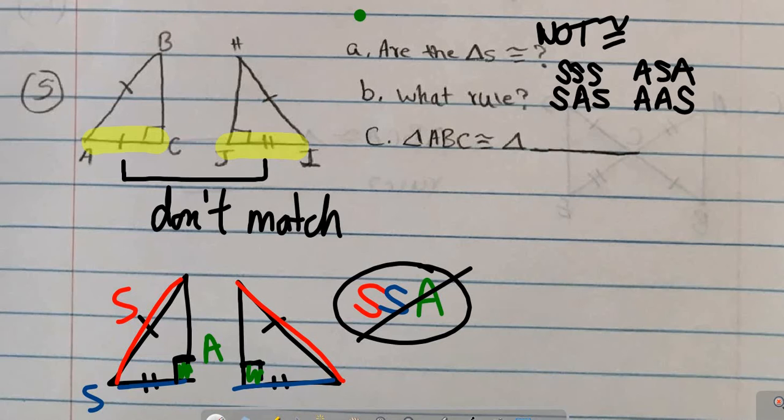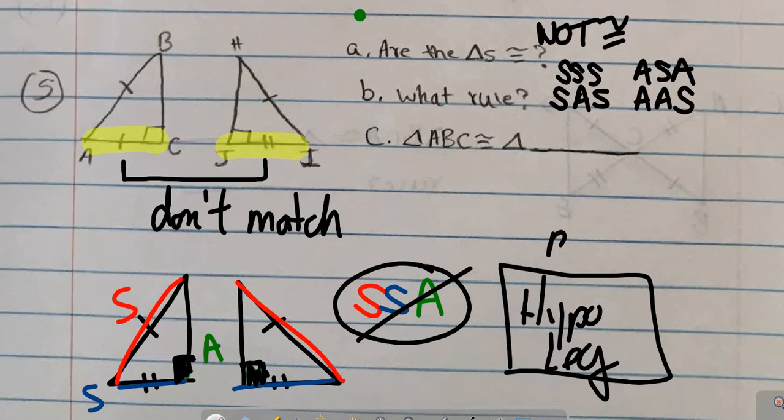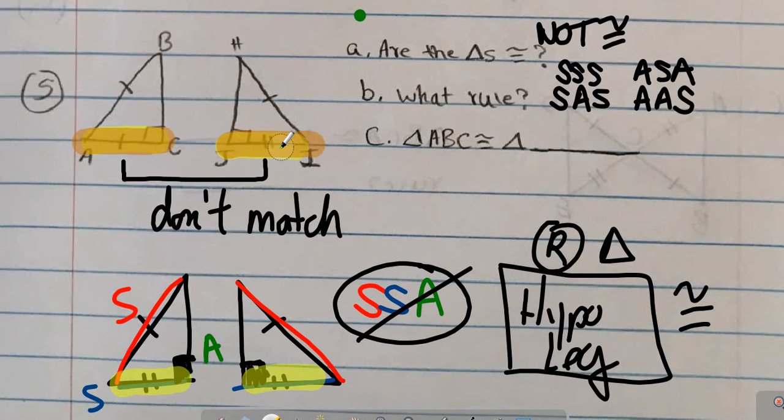If this angle is a right angle, we don't call this side-side-angle. We call this hypoleg. This only works for right triangles only. So hypoleg would make these congruent. But I'm not sure if your original diagram had 2 hatch marks here. If your original diagram really was 1 hatch mark here and double hatch mark there, then it's not congruent.